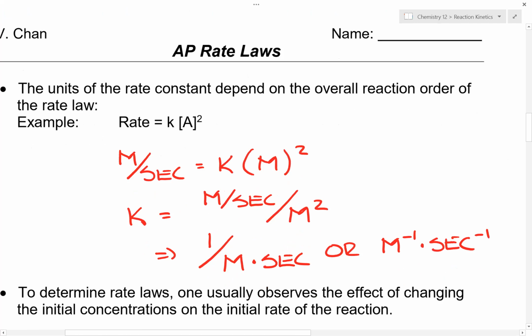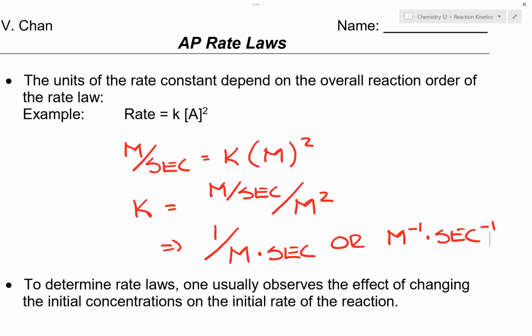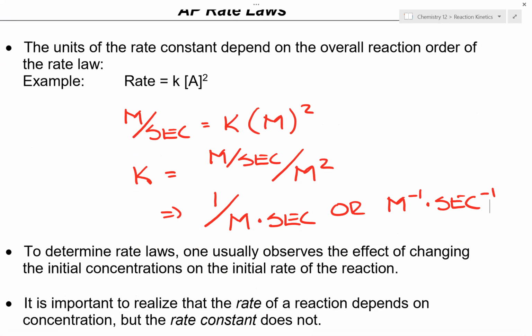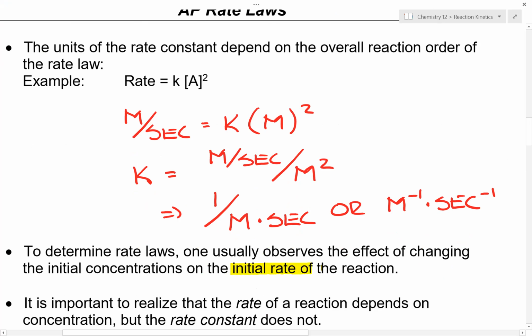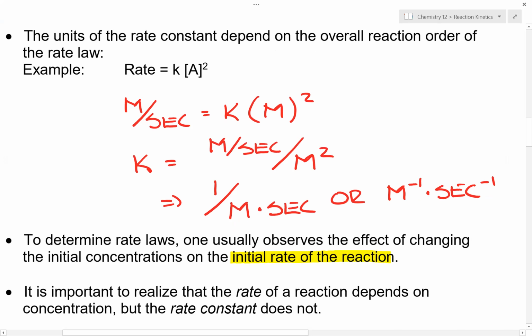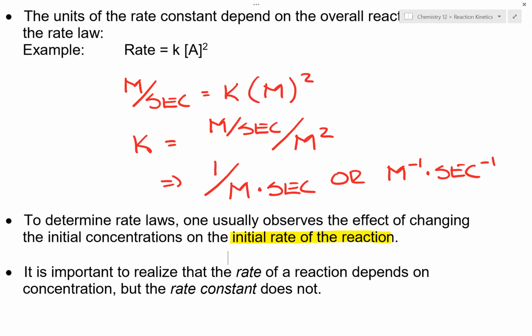To determine rate laws, one observes the effect of changing the initial concentrations on the initial rate of the reaction. So what we're looking at is how fast the reaction is right at the very start. It is important to recognize that the rate of a reaction depends on the concentration, but the rate constant does not.